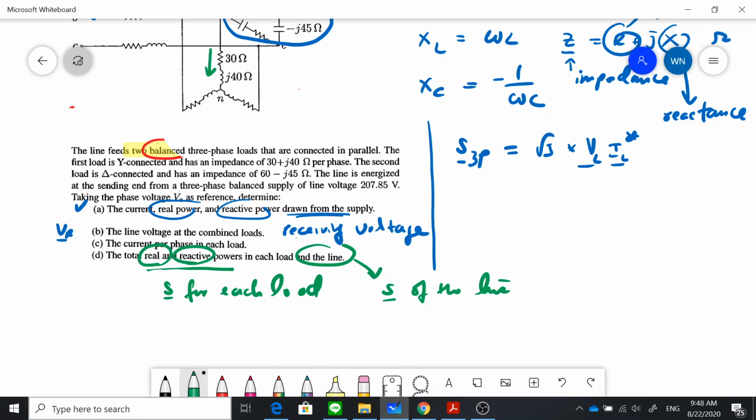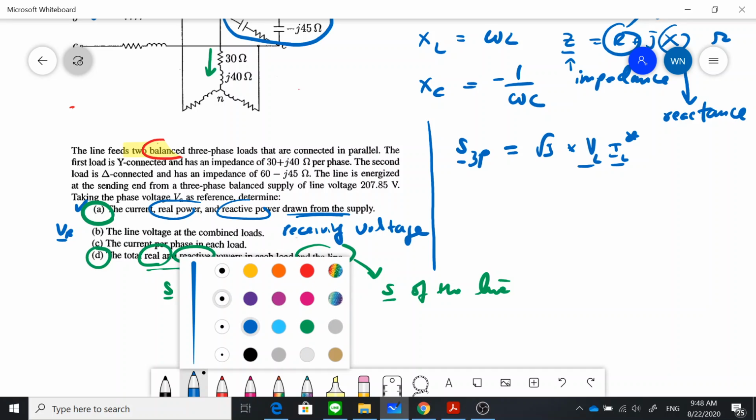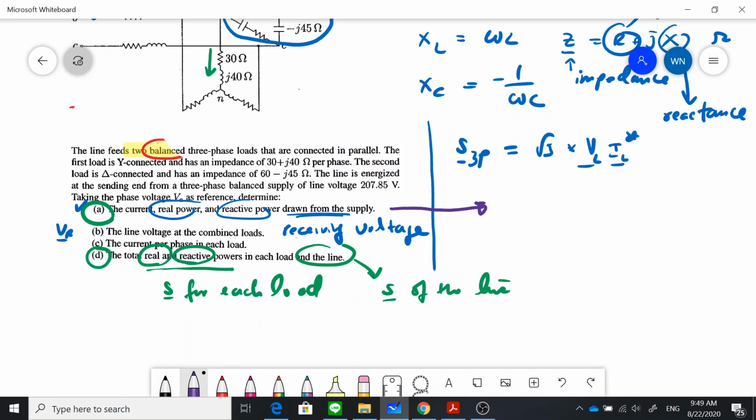Now you can see the relation between problem D and problem A, because problem A asks you to find the complex power drawn from the source. From the law of energy conservation, the energy produced by the source has to be the same as the total sum of the energy flowing to the loads plus the losses.